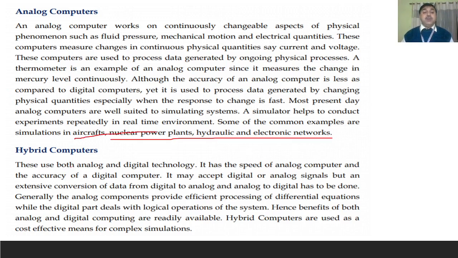Next, what is a hybrid computer? Hybrid means a combination of analog and digital. Where there is a combination of analog and digital computer, we call it a hybrid computer.